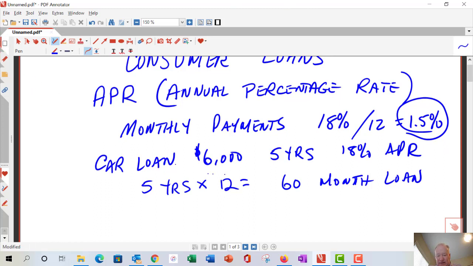The easiest way is just to use your financial calculator, and then we're able to calculate this. I'm just going to bring up my calculator here. Just bear with me while I get this calculator loaded up, and then we'll be able to calculate our monthly payment.